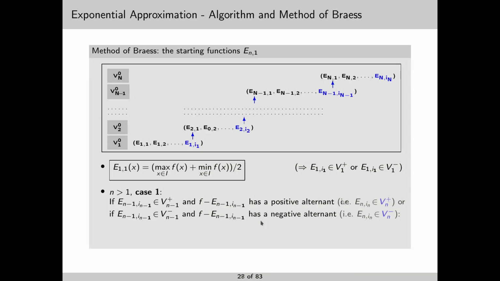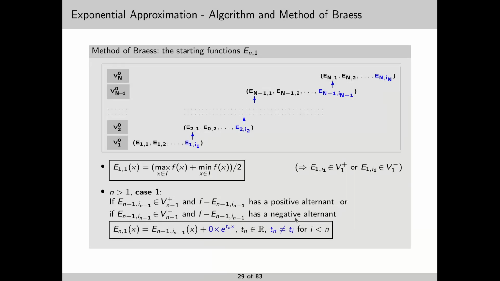According to the theory, the best approximation with respect to v sub n is an element of v sub n plus or v sub n minus, respectively. In particular, this means that we do not have to worry about local minima, and start the calculations with this exponential sum.